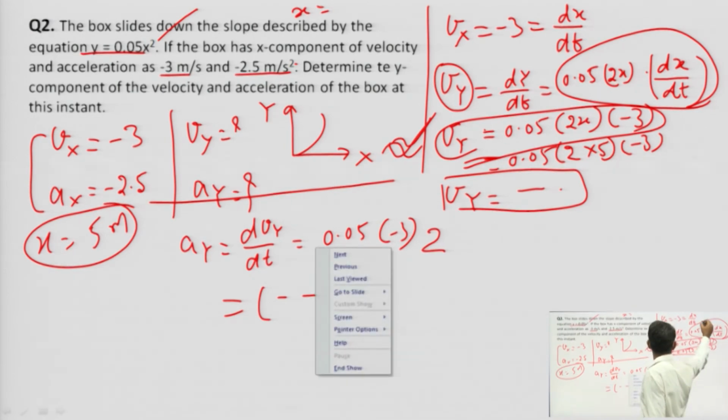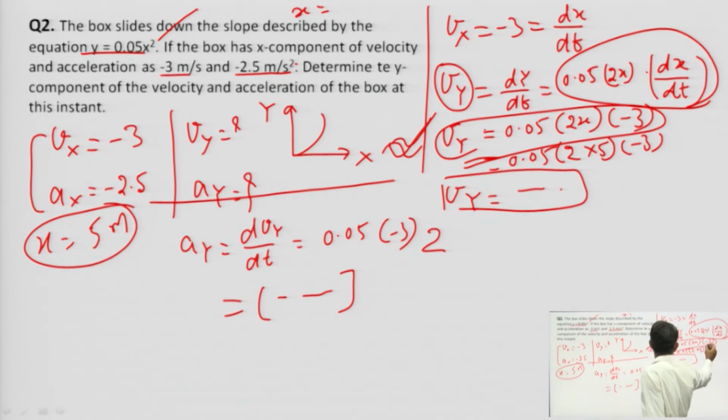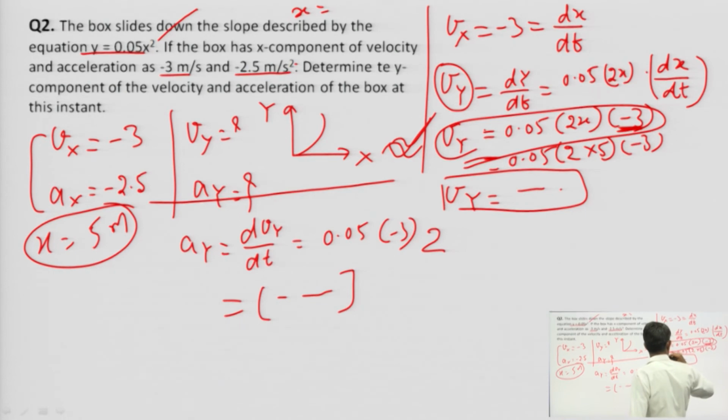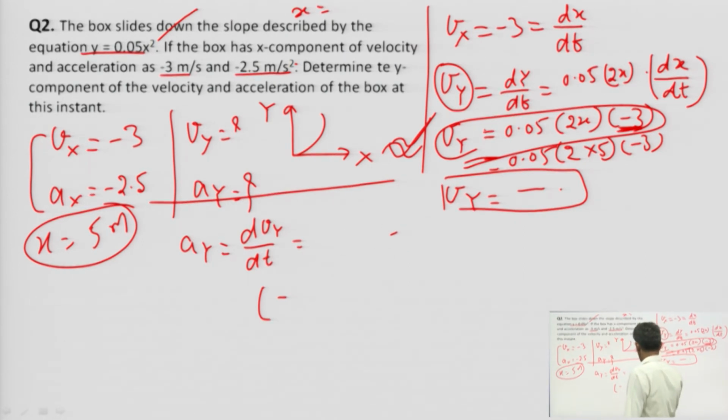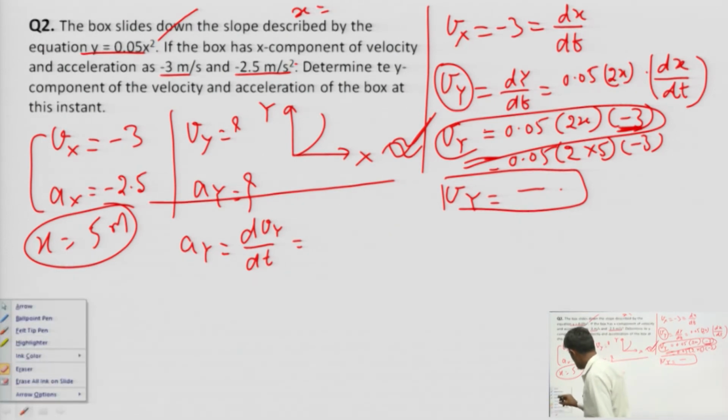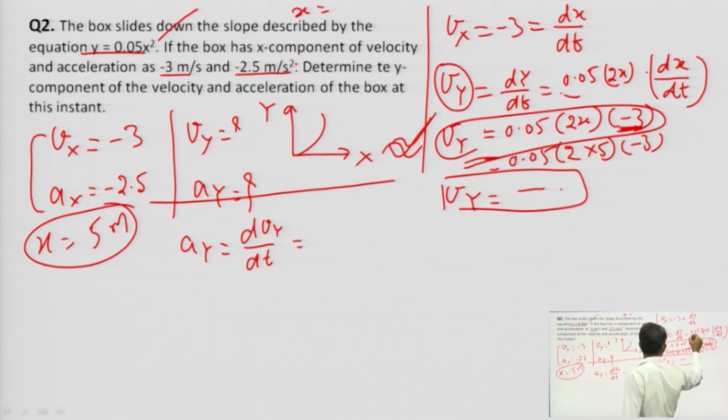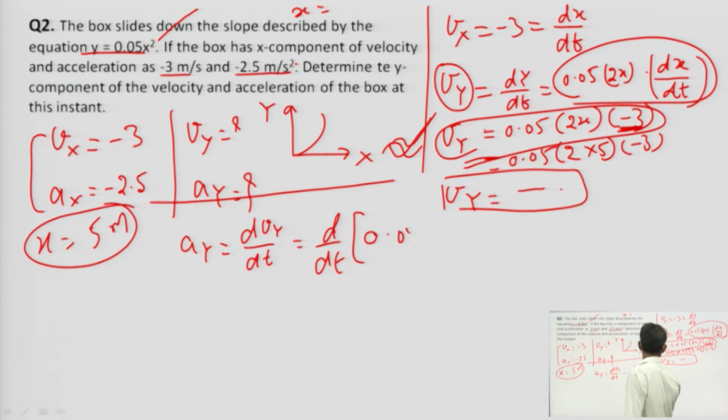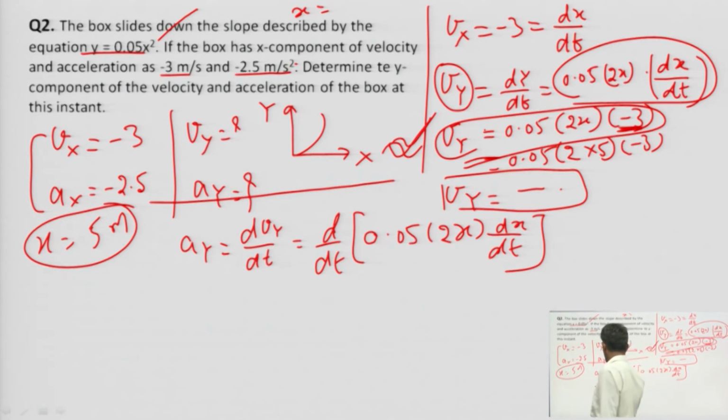No, we need to put this equation, that we need to put for d by dt of 0.05 into 2x into dx by dt. Okay, that you need to differentiate.